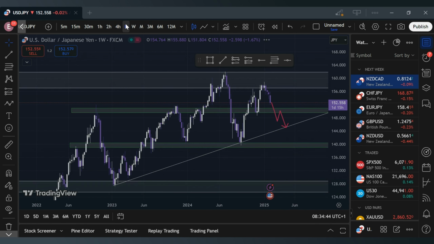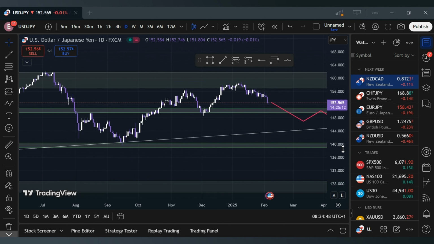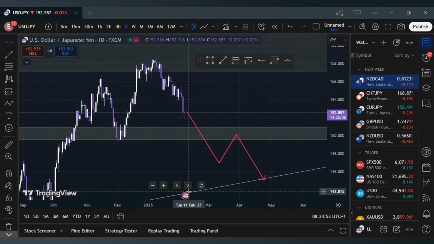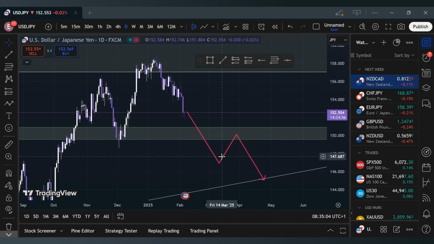So right now we would have patience and wait to see what the market is going to tell us concerning this. If we are going to reject off here and keep on pushing to the upside, or break it, then wait for a retest and then continue pushing to the downside.